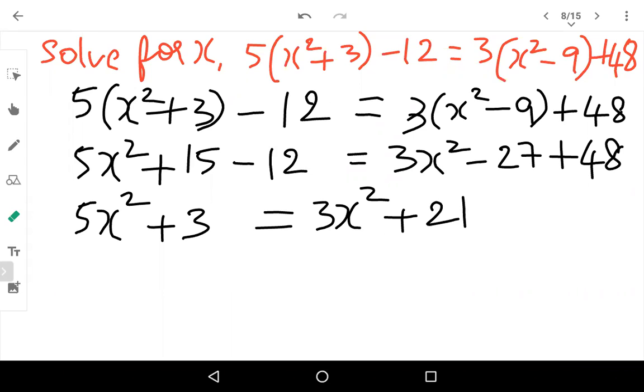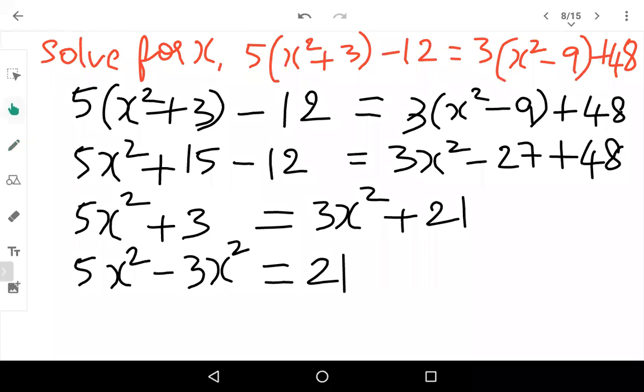Correct? So now let us take all the x squares to one side, all the constants to the other side. 5x square, I'm going to get this 3x square to the other side, so it becomes minus 3x square, is equal to 21 which will remain as it is. If I take 3 to the other side, it's going to become minus 3.